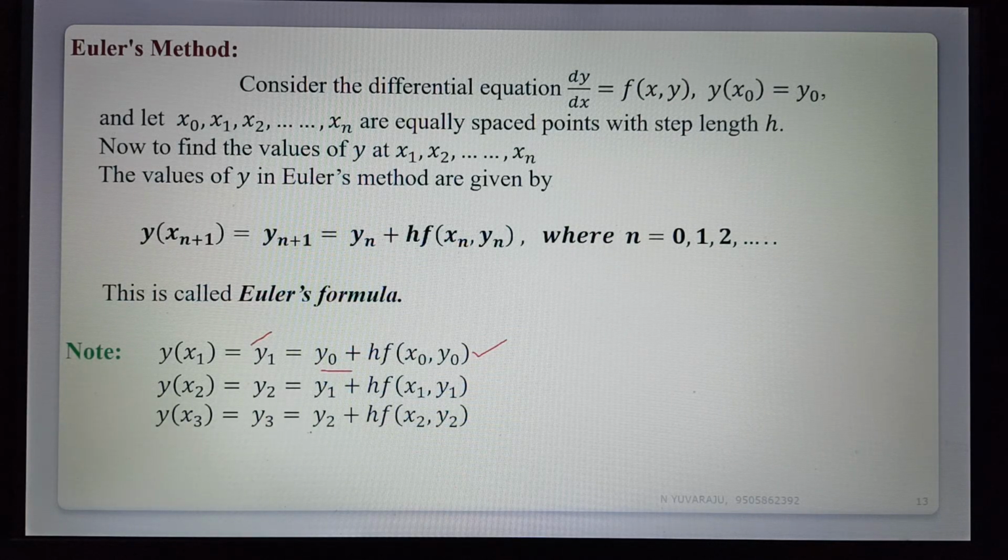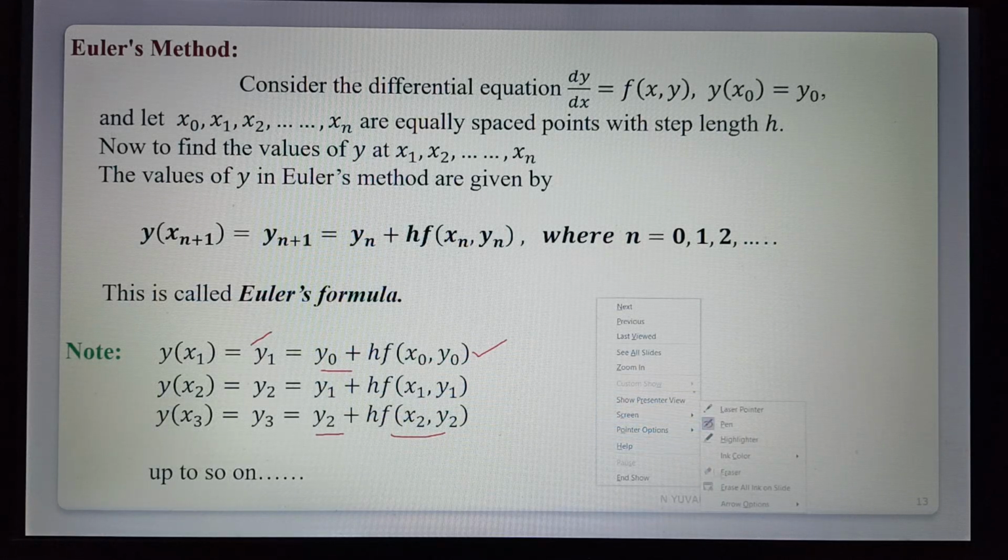Then y3 is y2 plus h into f of x2 comma y2, using the previous values x2, y2, and so on. This is Euler's method. It is a simple method compared to other methods. Now see one example.